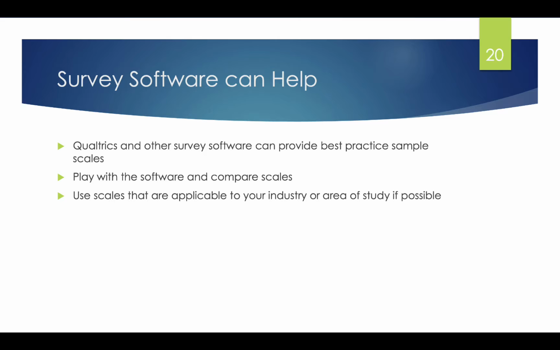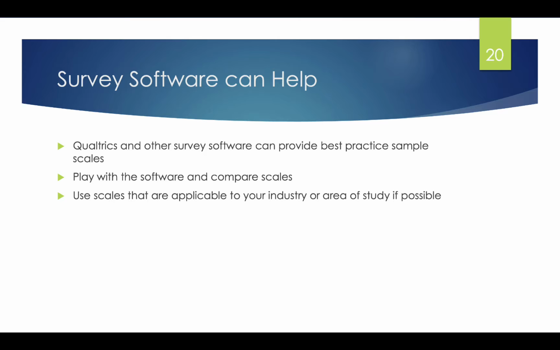Now, I want to let you know that survey software can help. When you're using a software package like Qualtrics or SurveyMonkey, they're going to give you best practice examples that you can look at. They'll also even give you options. Do you want to do a 7-point? Do you want to do a 5-point Likert scale?